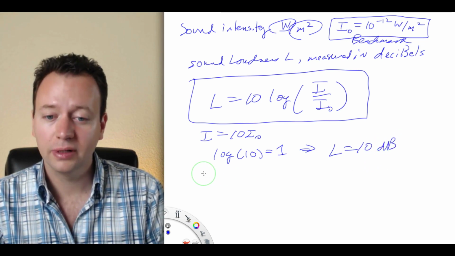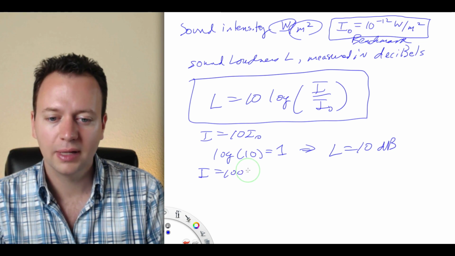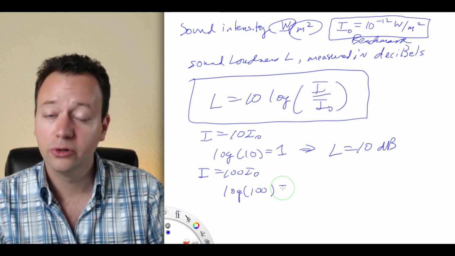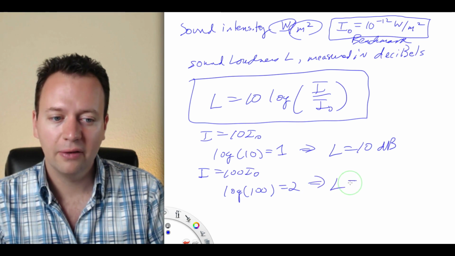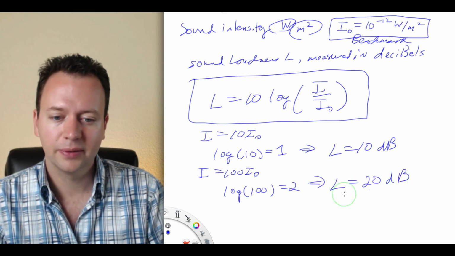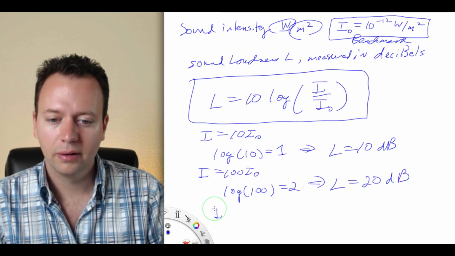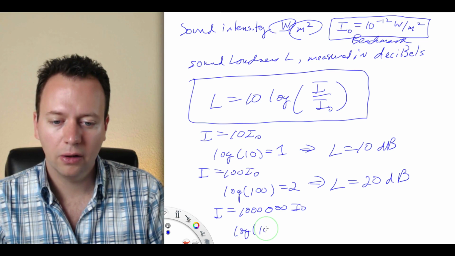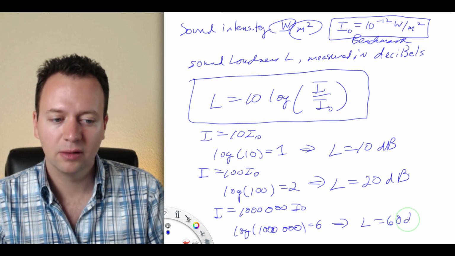If the sound is 100 times as intense as the threshold, we get log of 100, which is equal to 2. So the loudness is 20 decibels. If you are 1 million times the benchmark, we get log of 1 million, which is equal to 6, so that would be 60 decibels.